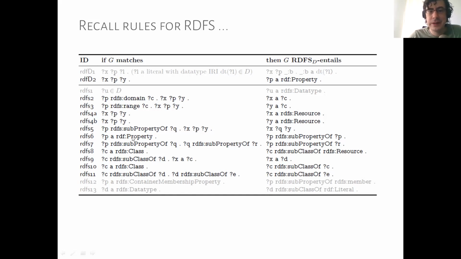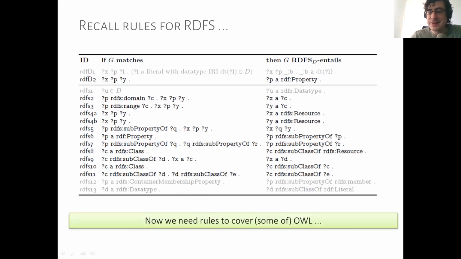And this is how we described the reasoning in the case of RDFS. What we're doing here is the same thing, but we're just extending this idea to cover some of the stuff that we saw in OWL, right?